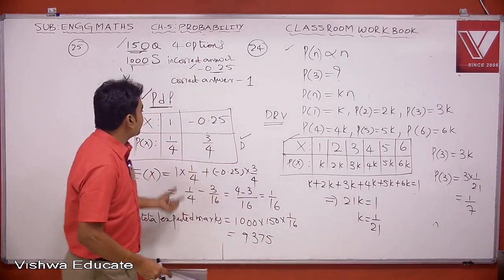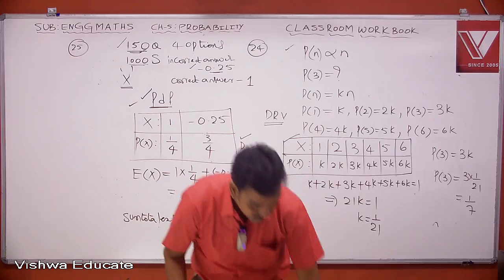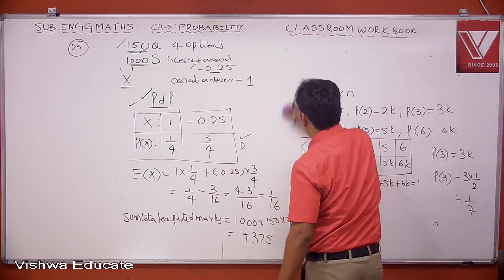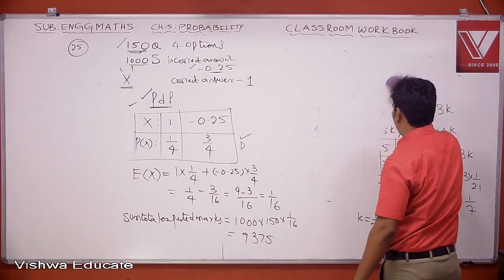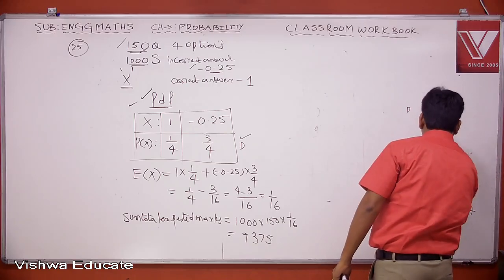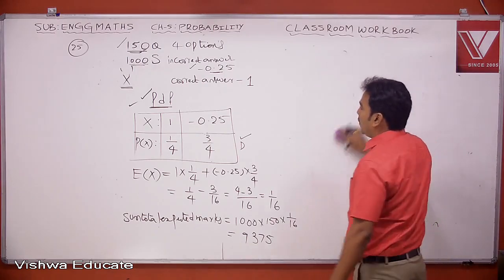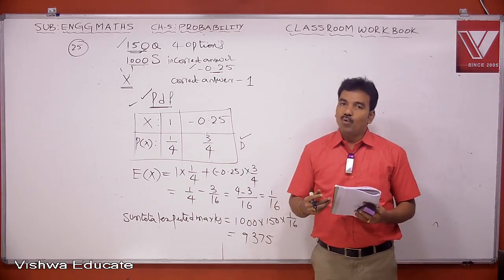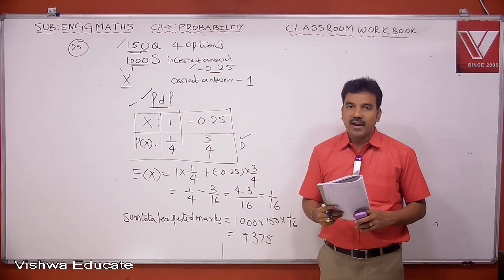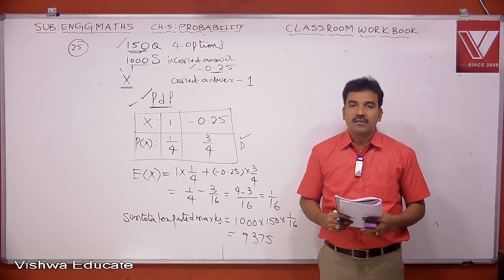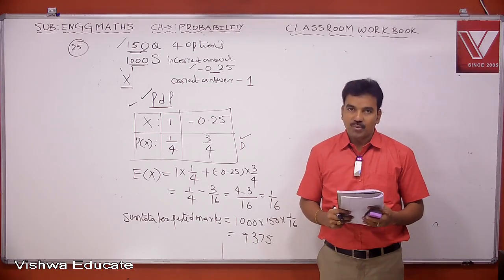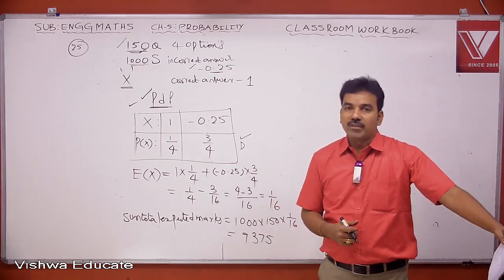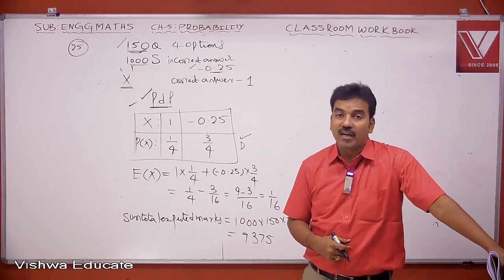So note these points. I will tell you about this X. Let X be a random variable which represents the marks of one student for attempting one question.